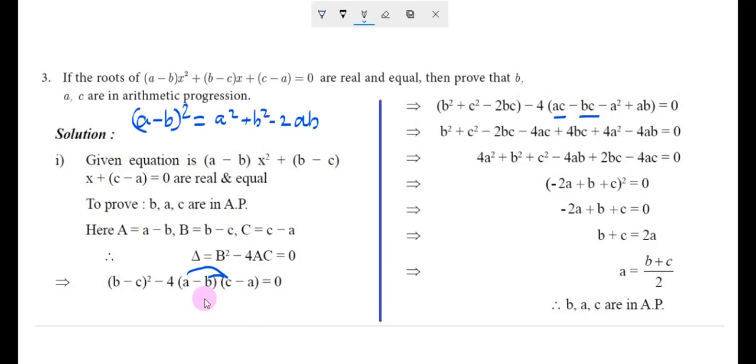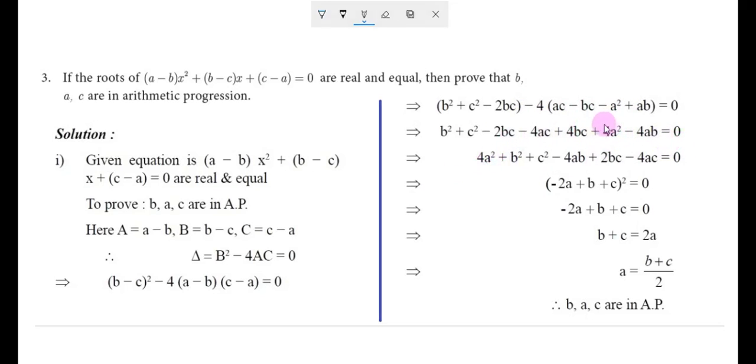Now a into minus a gives minus a square, and a into b gives ab. So we get minus 4 into (ac minus bc minus a square plus ab) equal to 0. So b square plus c square minus 2bc. Now multiply the minus 4 inside: minus 4ac, plus 4bc, plus 4a square, minus 4ab, equal to 0.